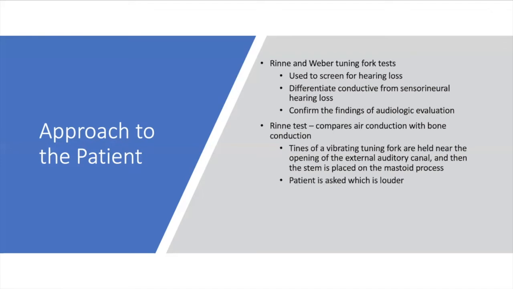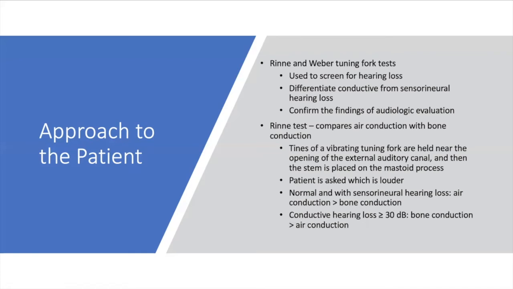The patient is asked to indicate whether the tone is louder by air conduction or bone conduction. Normally, and in the presence of sensorineural hearing loss, a tone is heard louder by air conduction than by bone conduction. With conductive hearing loss of more than or equal to 30 decibels, the bone conduction stimulus is perceived as louder than the air conduction stimulus.